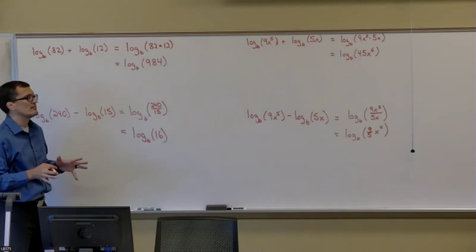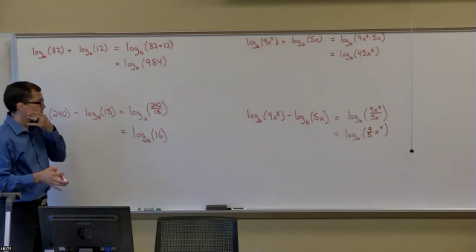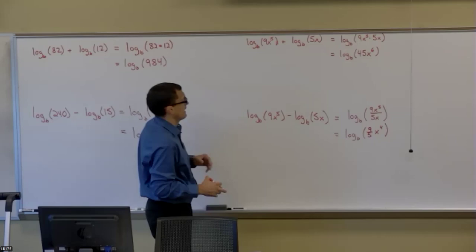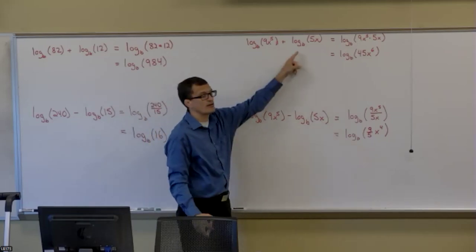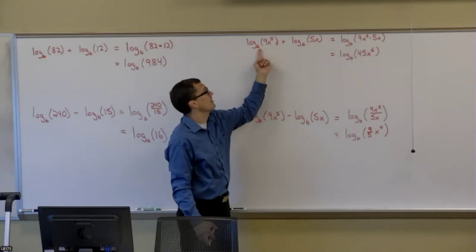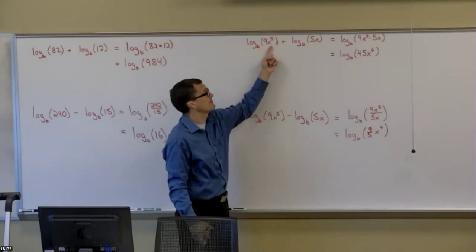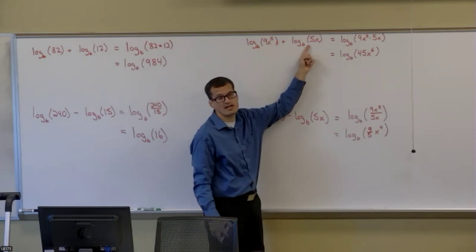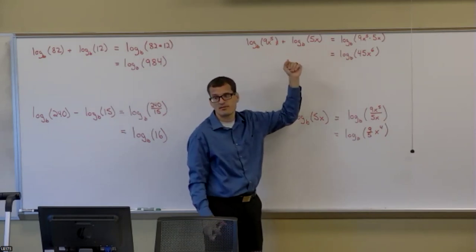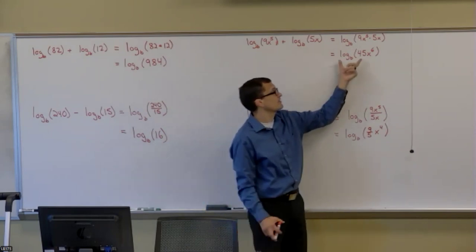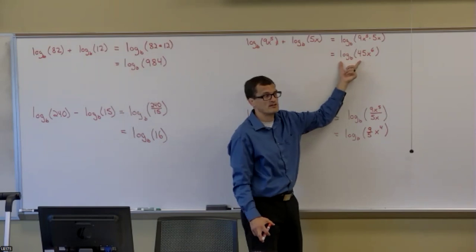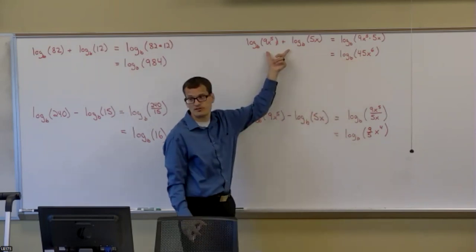Now, the reason that this is nice is kind of shown here. If I have some equation that involves log base b of 9x to the 5th plus log base b of 5x, and that's set equal to a number, it's a lot easier to deal with a single logarithm equal to the number rather than this form equal to the number.